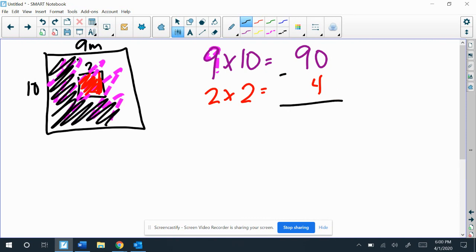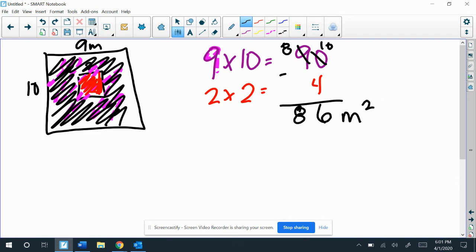I don't get any of that red part in there at all. Well, 90 subtract 4 gives me 86. Now, 86, I gotta have my label, 86 meters square.